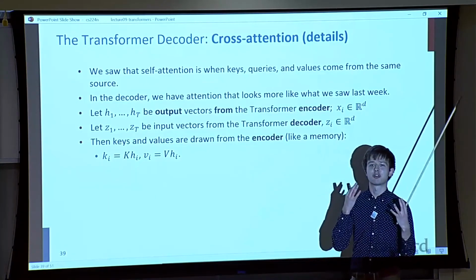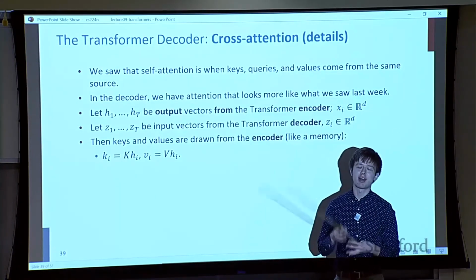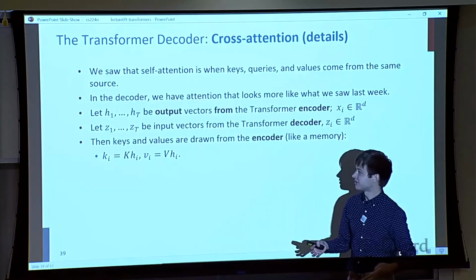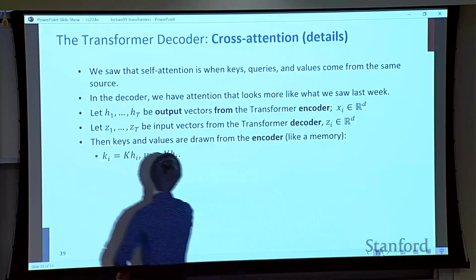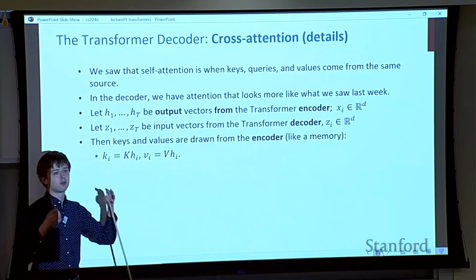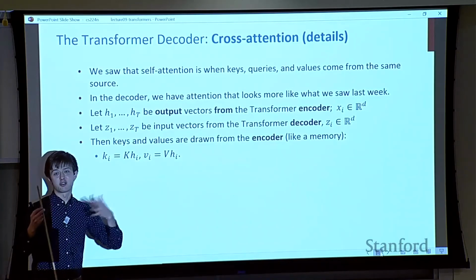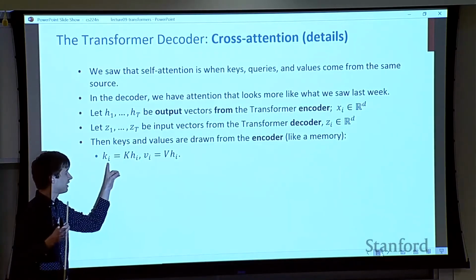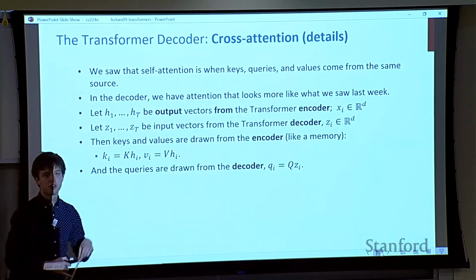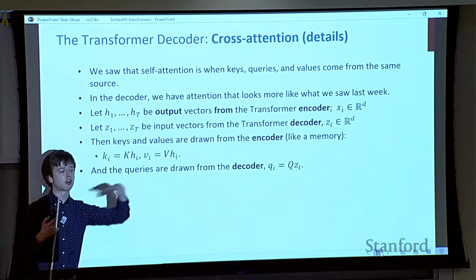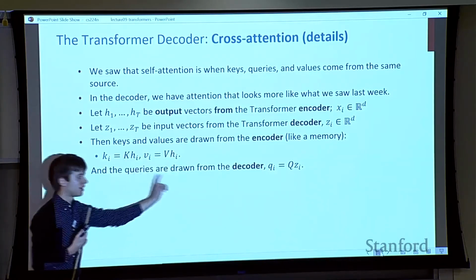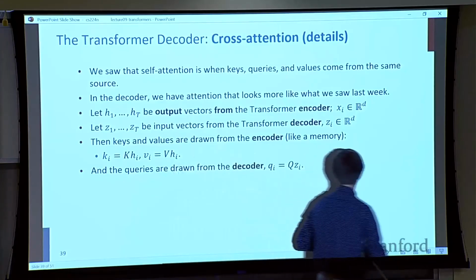When we're talking about attention as allowing us to access a memory, the memory is what the value vectors are encoding, and the way the values are indexed or accessed is through the keys. The queries are what you're using to look for something. So we're looking into the encoder as a memory, and we're using queries from the decoder to figure out where to look for each one.